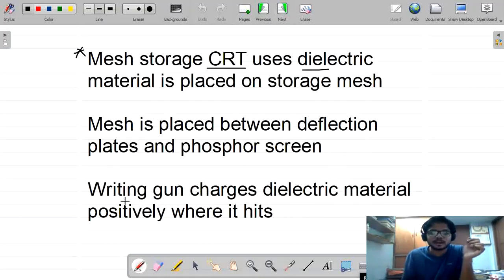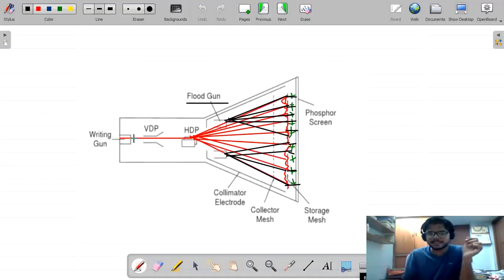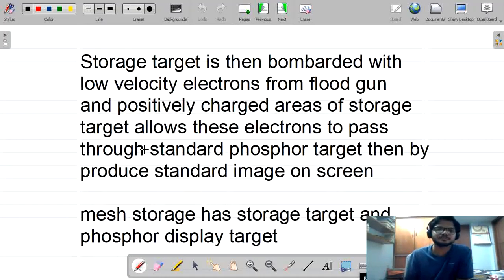Now, the writing gun charges the dielectric material positively where it hits. From this we can see this gun will strike the screen and it will turn positive. Now the storage target is bombarded with low velocity electrons from the flood gun, and positively charged areas of the storage target allow these electrons to pass through, thereby producing a standard image on the screen.